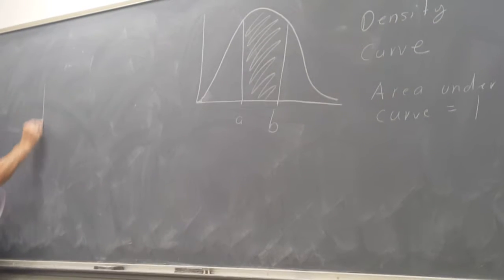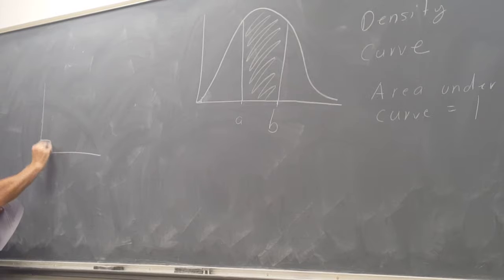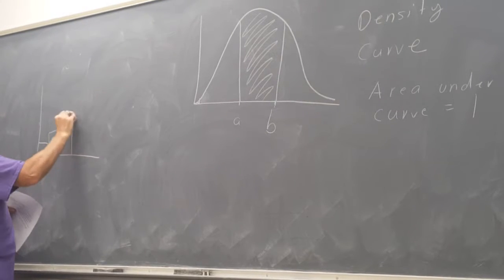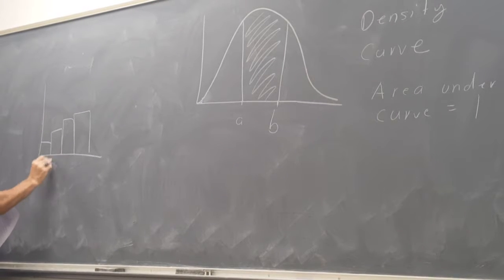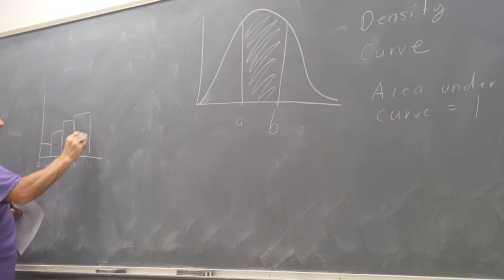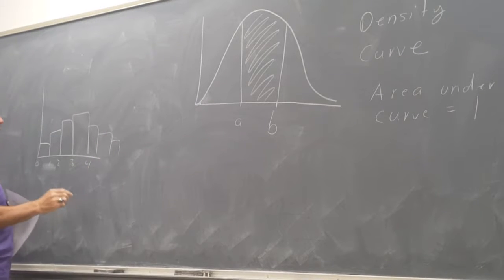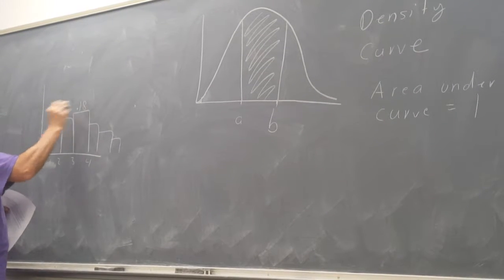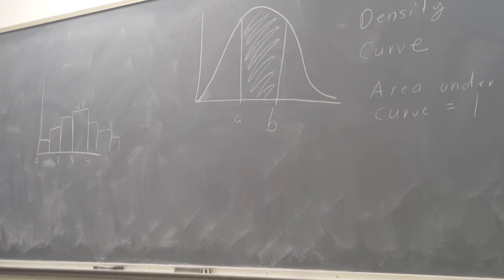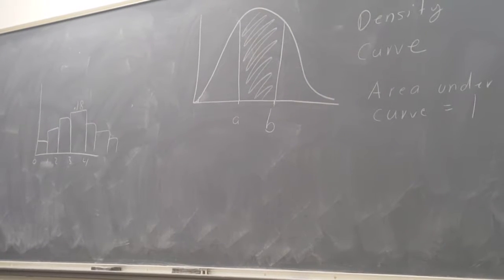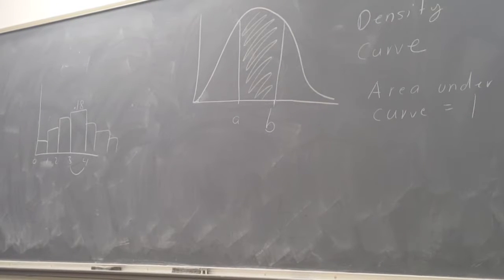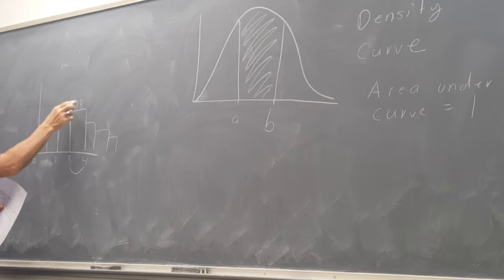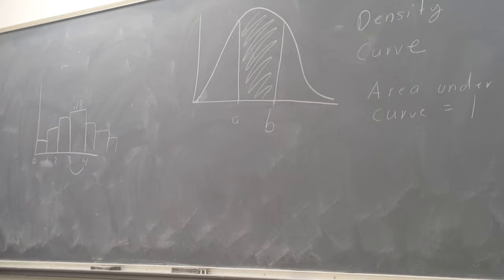So I'm not going to redraw that whole histogram, so use your imagination here. This goes out to 7, but if the value here was 0.18, it just says the proportion of cars that had their emissions between 3 and 4 particles per million was 0.18. That's the same thing as the proportion of the area under that curve.